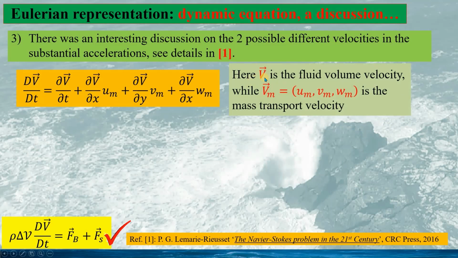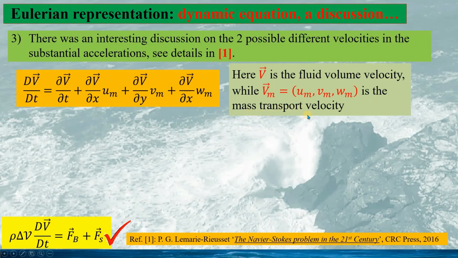One is the velocity vector v, the fluid volume velocity, which is the velocity we discussed before, while we have another velocity vector vm with the components um, vm, and wm.